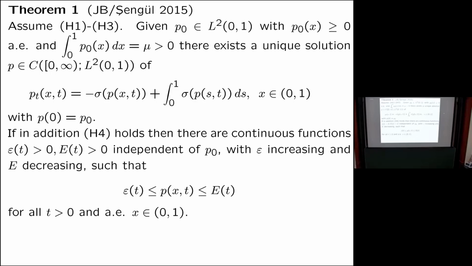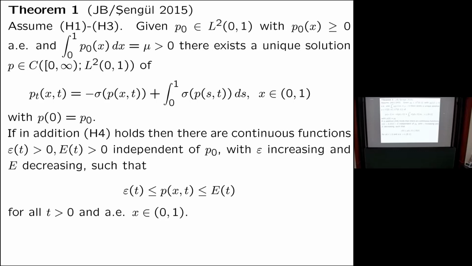with initial data P0. And then, if in addition H4 holds, then there are universal upper and lower bounds for the solution. So there are continuous functions epsilon of t and e of t, epsilon increasing and e decreasing, such that whatever the initial data is, p of x and t is bigger or equal to epsilon of t and less than or equal to e of t.